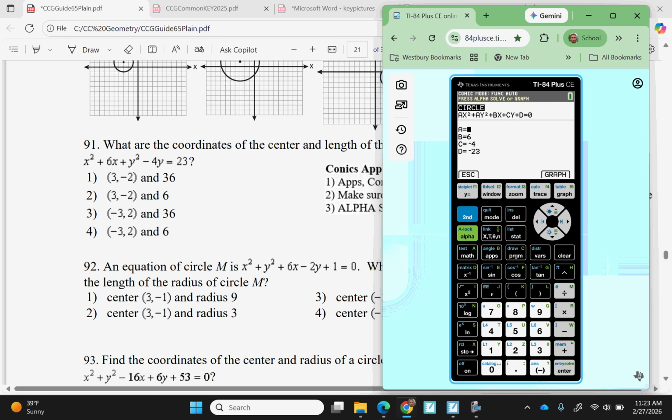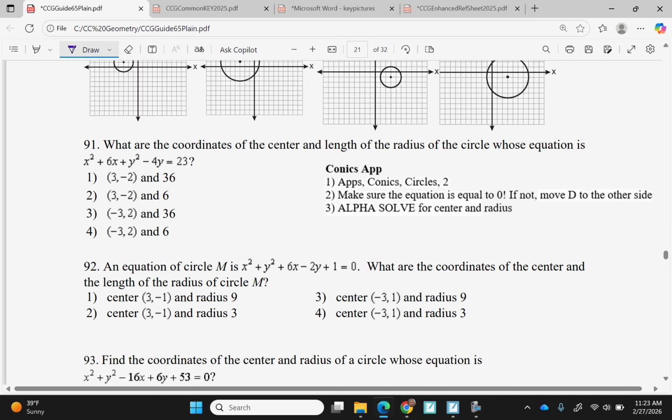Now we see how it says equals 0 here. Right now, mine does not say equals 0. So I'm going to have to subtract 23 from both sides. It's helpful to write it in the right form, x squared plus y squared plus 6x minus 4y minus 23 equals 0.